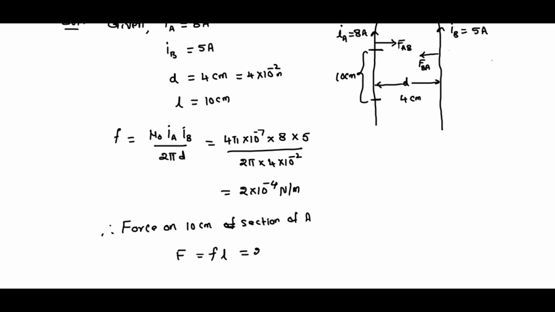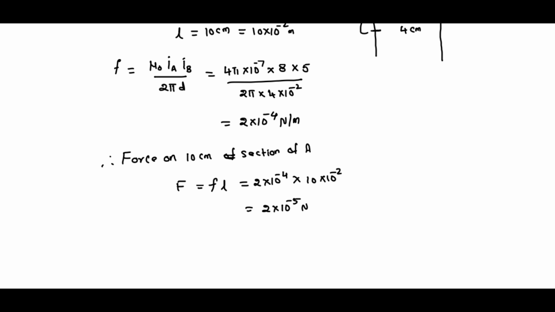Force per unit length we have 2 into 10 power minus 4. Length is 10 centimeter, so we can write 10 into 10 power minus 2 meter. That is equal to 2 into 10 power minus 5 Newton. And this is the magnitude of the force.